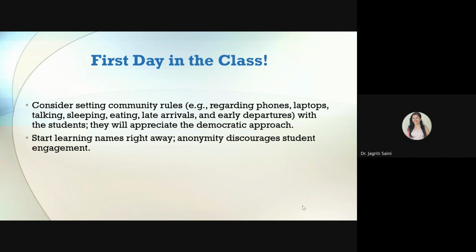You might have observed this in your school or in your college days also. A teacher who knows your name very well, you are always very respectful to that teacher, because you know that he knows me personally. And if I do anything wrong, he is going to call me by my name directly. So that sense of respect is also ignited, or we can say this is a negative motivation also for the student.